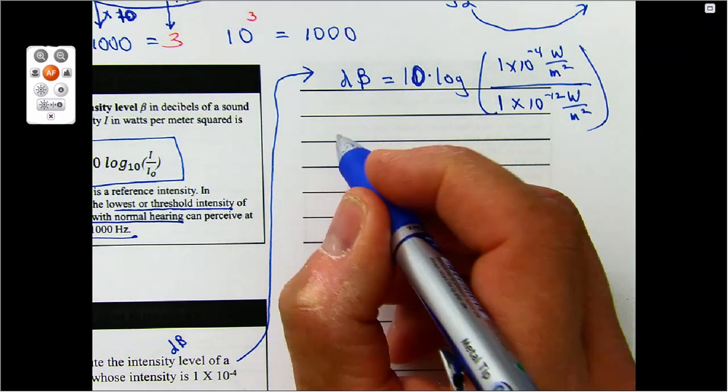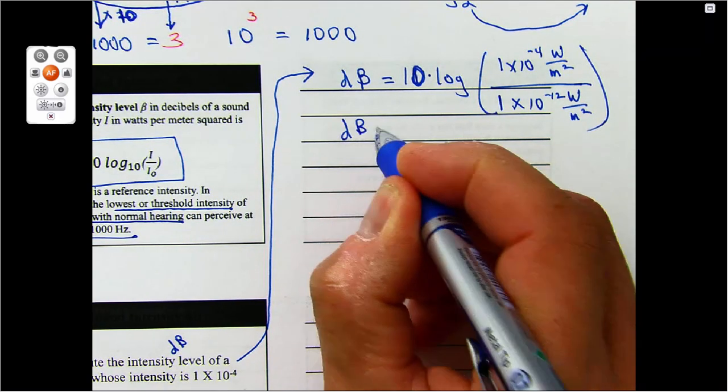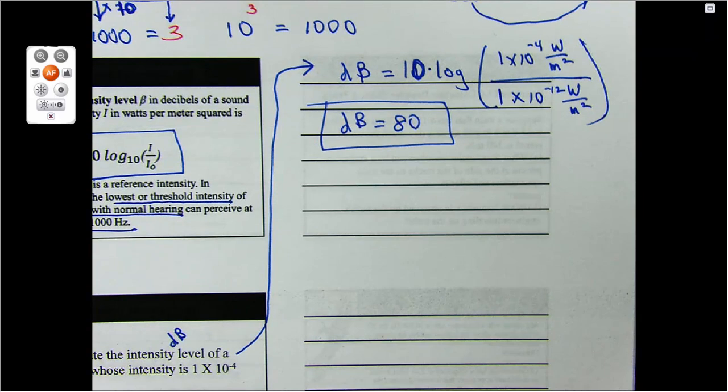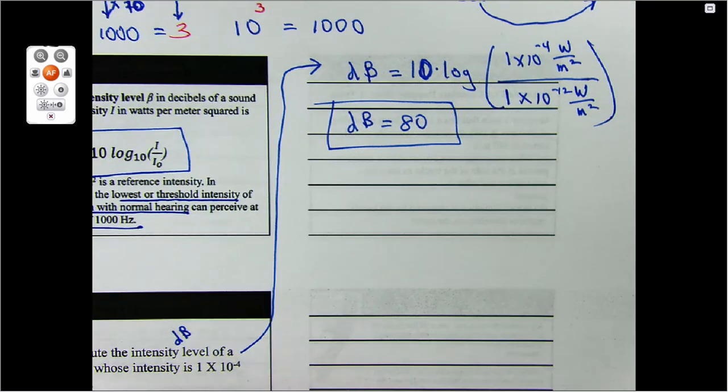This should produce a decibel level of... Now, what is the intensity of a 50 decibel sound?